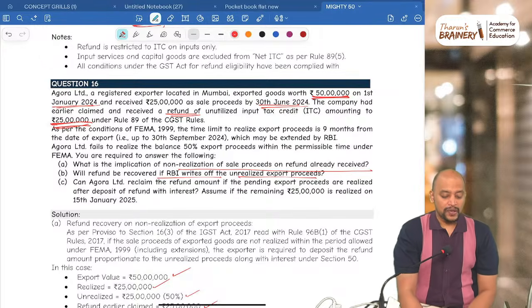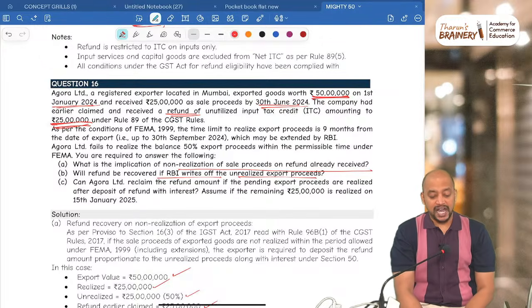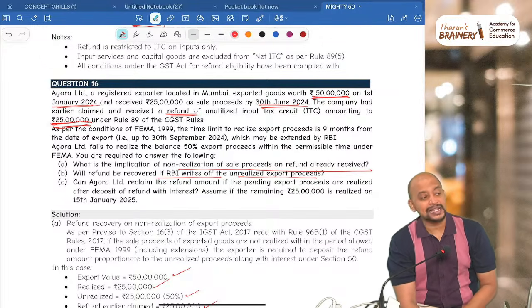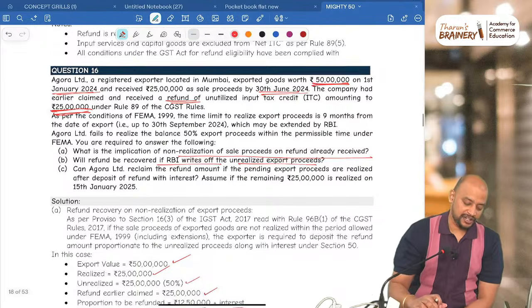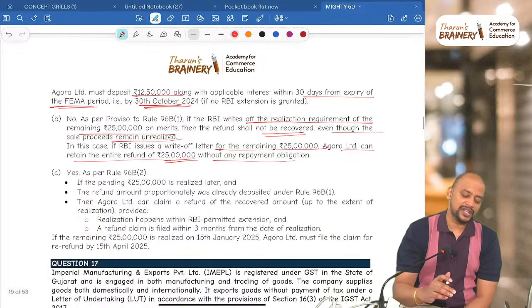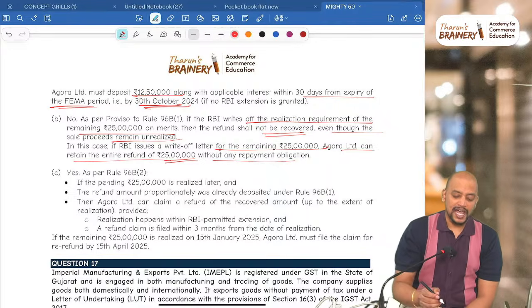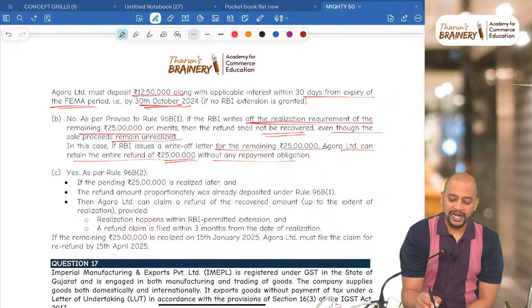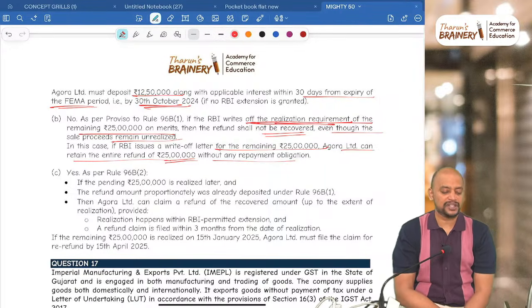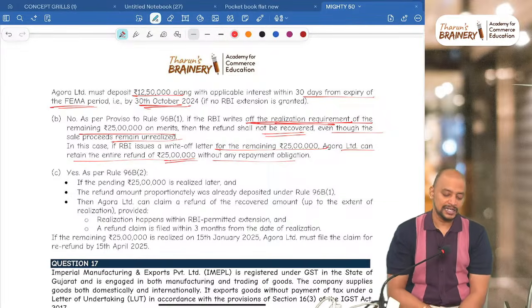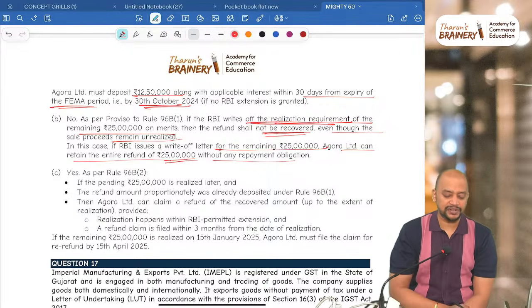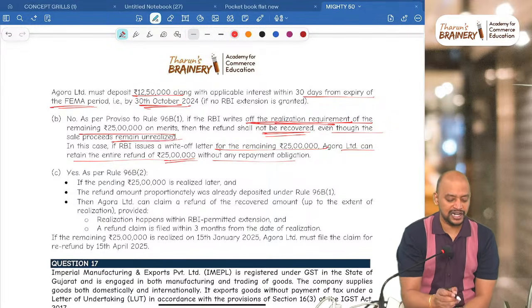Second, will the refund be recovered if RBI writes off the unrealized export proceeds? So definitely that will not be recovered because we have one provision which says that as per Proviso 296, if RBI writes off the realization requirement of the remaining 25 lakhs on merits, then the refund shall not be recovered even though the sale proceeds remain unrealized.